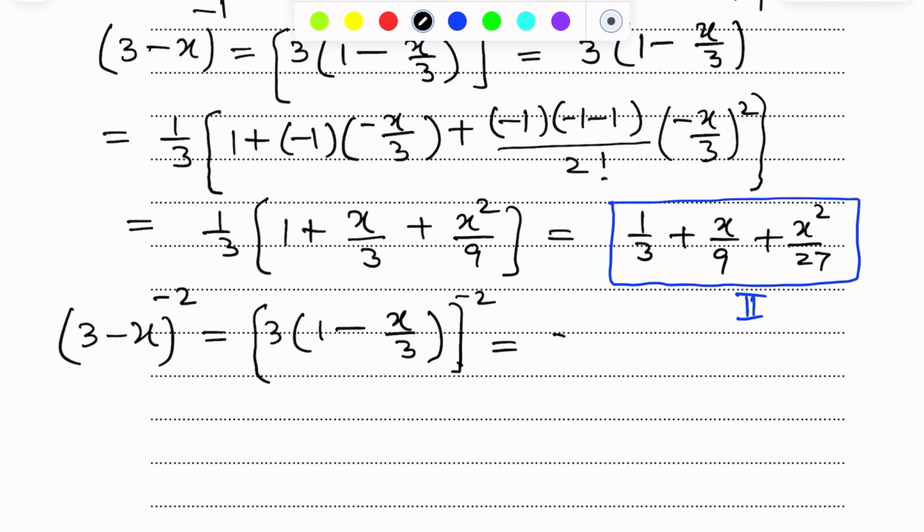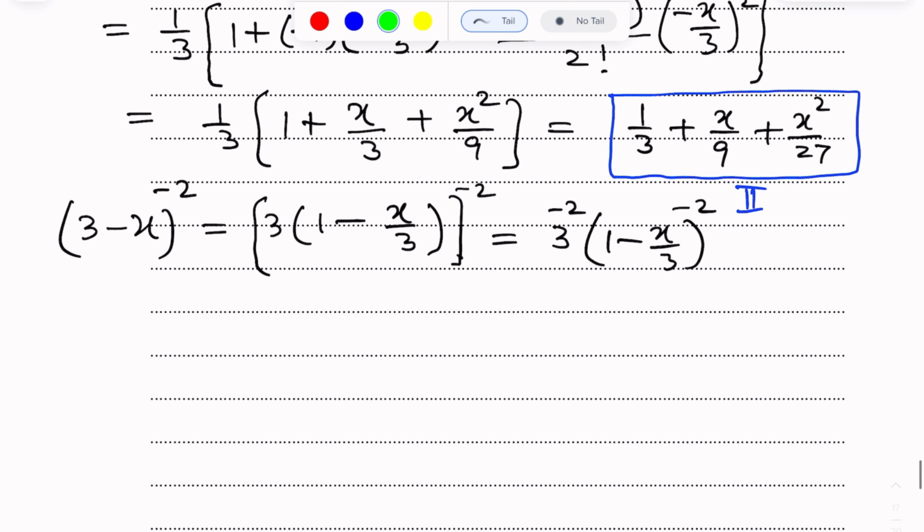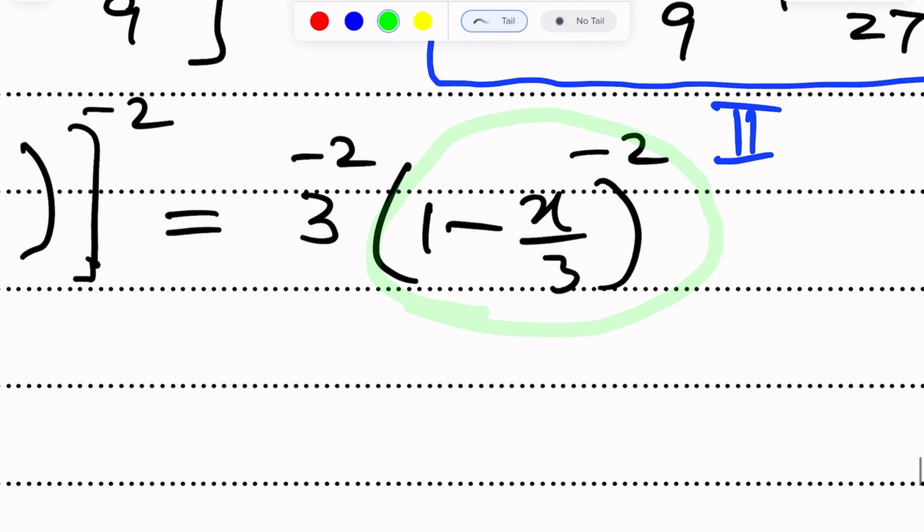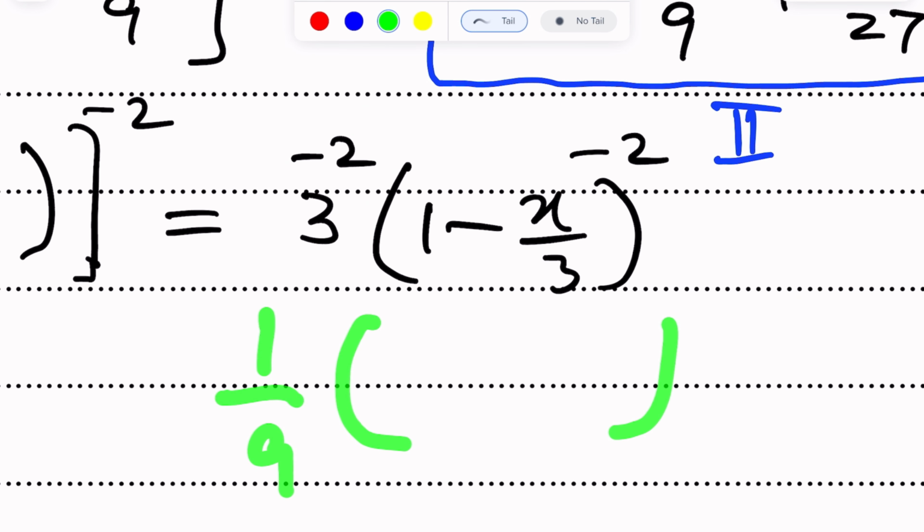This means 3 power negative 2 and (1 minus x over 3) power negative 2. 3 power negative 2 is 1 over 9, and we will expand this.